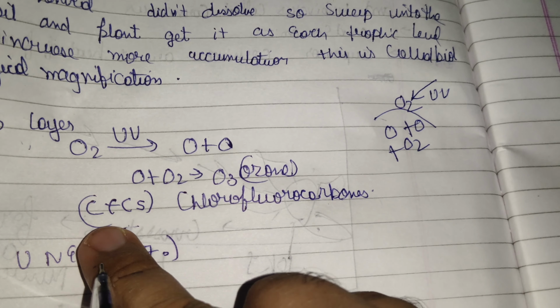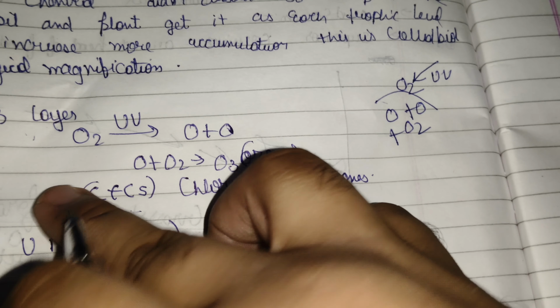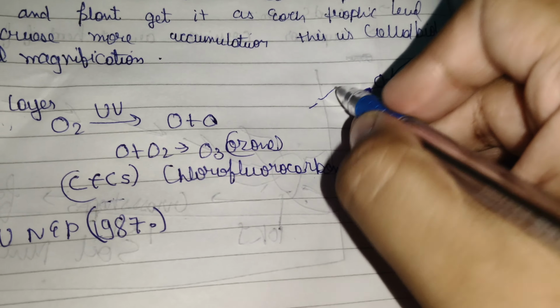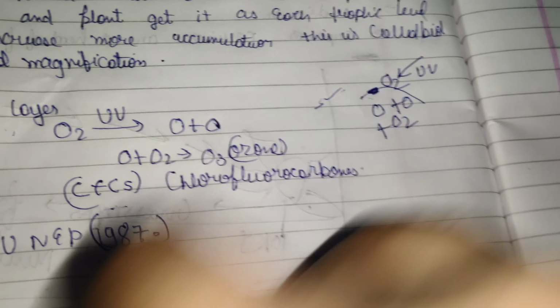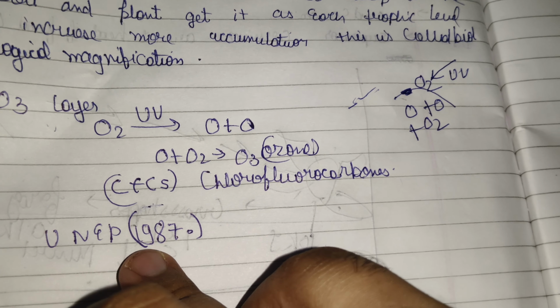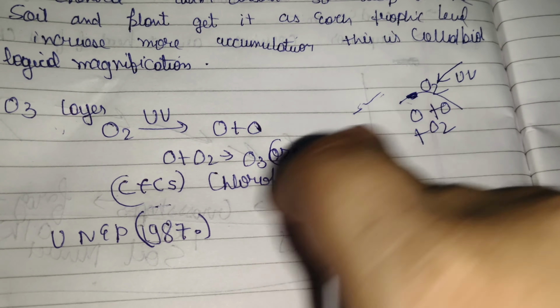And there is a gas we have in this chapter, chlorofluorocarbon, that basically harms the ozone layer. It leads to depletion. The United Nations Environment Programme led the banning of this chemical, and at the same time worked on controlling the depletion of the ozone layer.